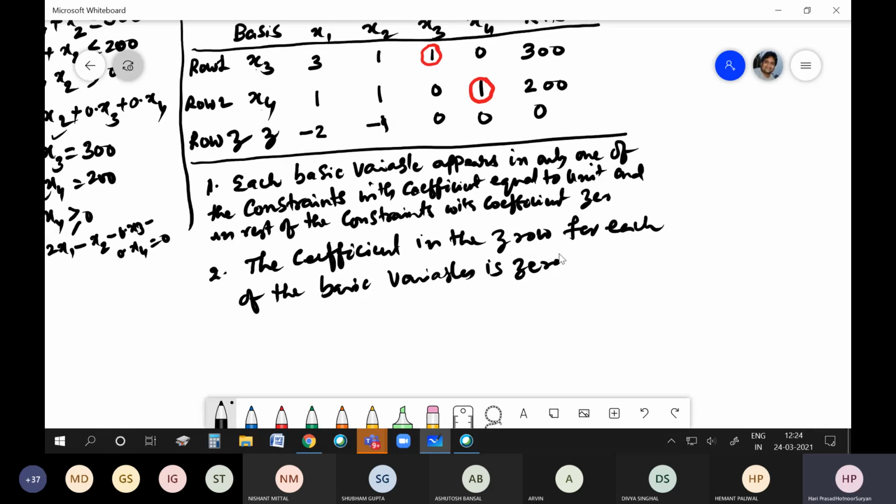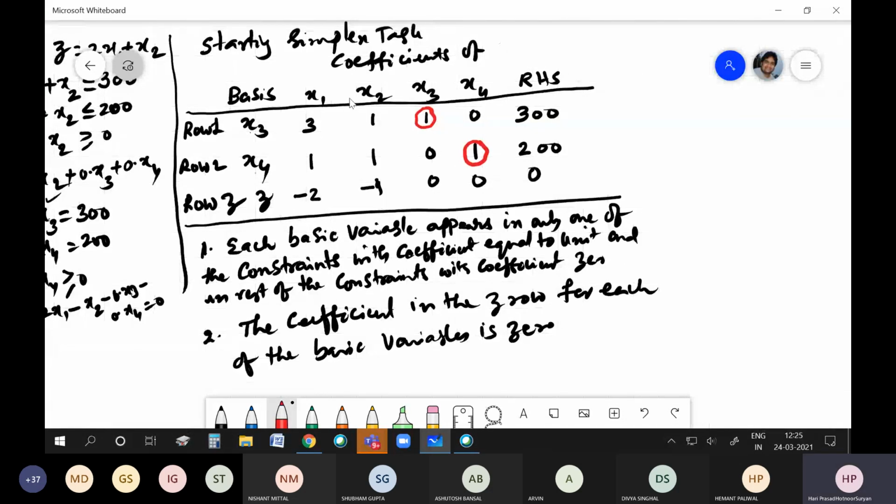This is the second point. So here in the z row, what are the basic variables? x3 and x4. What are the coefficients of these in the z row? 0 and 0. Okay, if these two properties are satisfied, then you have made the simplex table perfect. Even if one is violated, that means somewhere you have done something wrong.